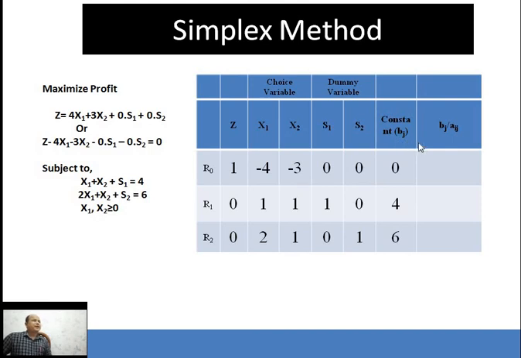Here we have row 0, row 1, row 2. Row 0 is for the coefficients of the objective function. Row 1 is for the coefficients of the first constraint. Row 2 is for the coefficients of the second constraint.